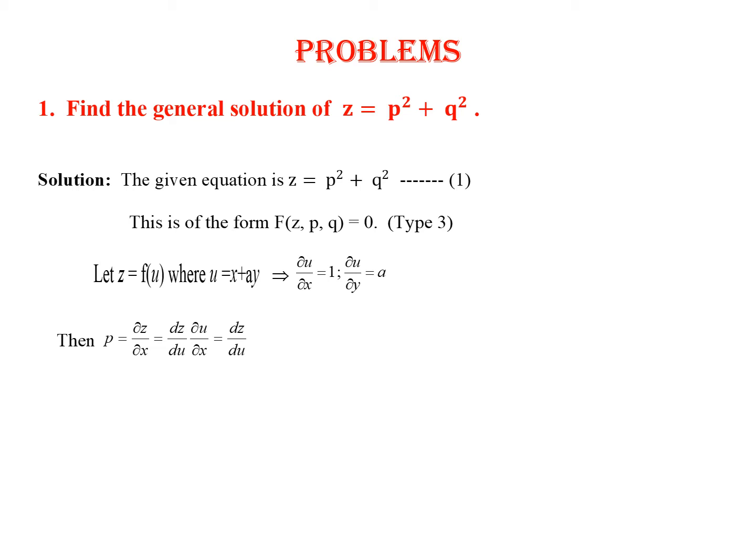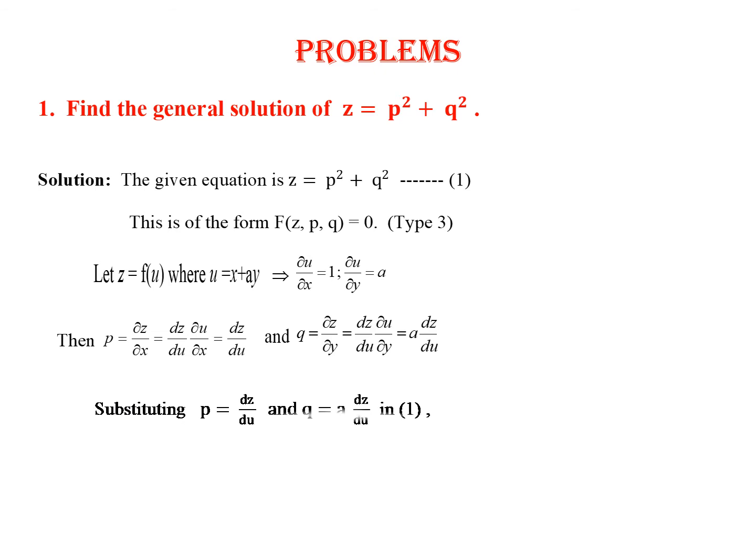That is first differentiating z with respect to u because z is a function of u, and then differentiating that u with respect to x, which is equal to dz by du because dou u by dou x value is 1. Similarly, moving on to q, which is dou z by dou y, which is equal to dz by du into dou u by dou y, and the value of dou u by dou y is a. So q is a dz by du.